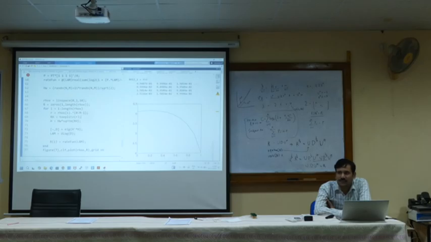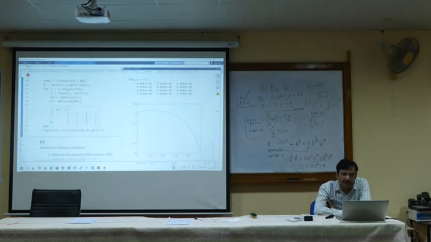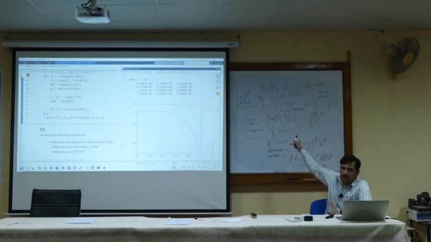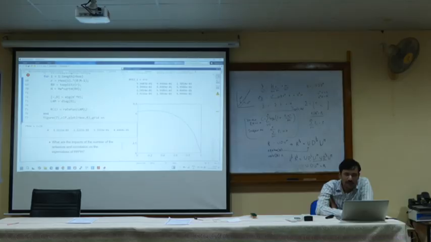Complex Gaussian matrix with 0 mean and unit variance. I multiplied with the square root of RH. Then I took the eigenvalue decomposition. Then I calculated the rate function, the same thing here.